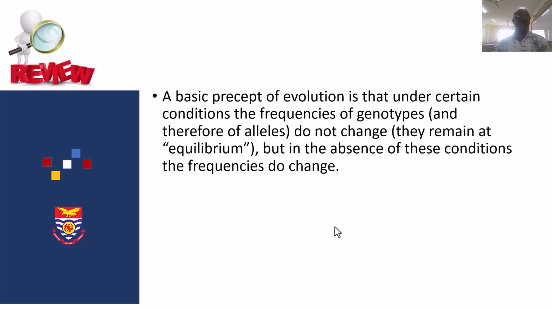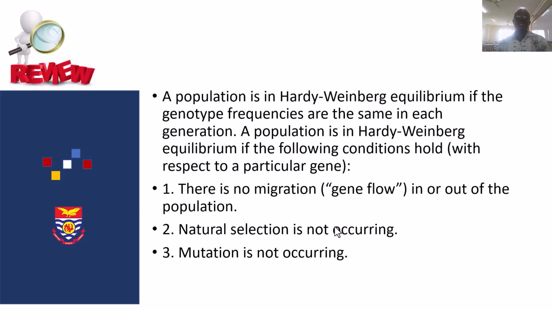But in the absence of these conditions, the frequencies do change. A population is in Hardy-Weinberg equilibrium if the genotype frequencies are the same in each generation. A population is in Hardy-Weinberg equilibrium if the following conditions hold with respect to a particular gene. There is no migration, gene flow, in or out of the population. Natural selection is not occurring.